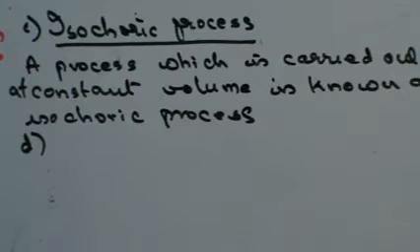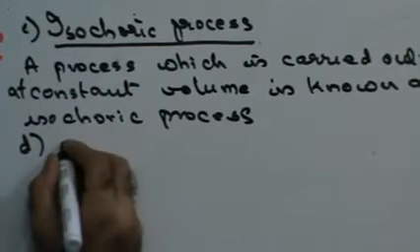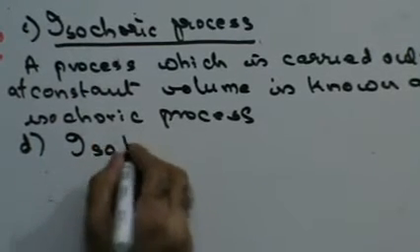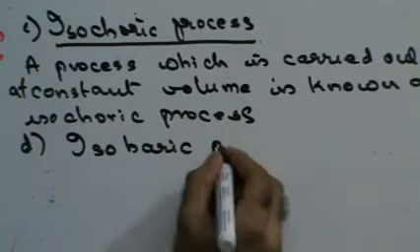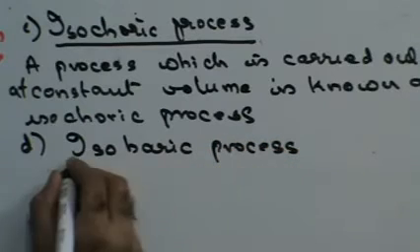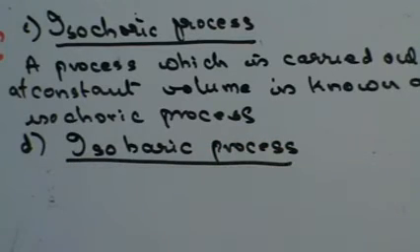Next, the other kind of process that you can have is the isobaric process. A process which is carried out by keeping pressure constant. If the pressure of the system does not change, then such a process would be called an isobaric process. Fine.